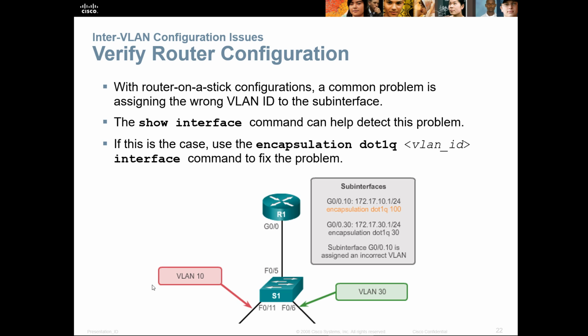So verifying router configuration. Hop on the router. Show interface. Again, the appropriate commands here. Create the sub-interfaces. Once you've created the sub-interfaces, do the encapsulation dot1q with the appropriate VLAN. Give it an IP address.